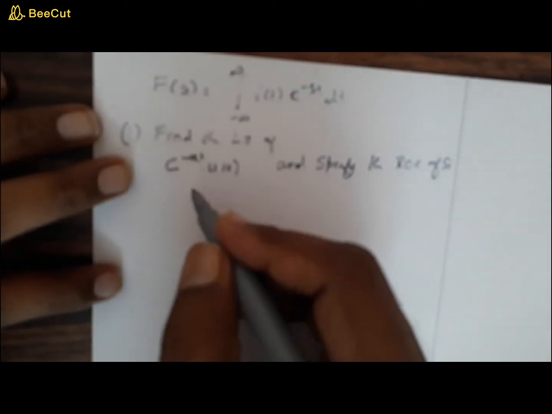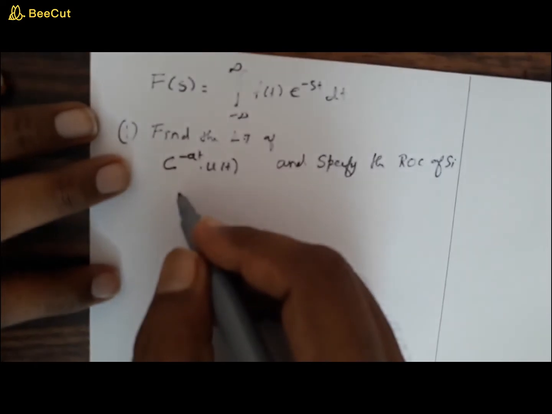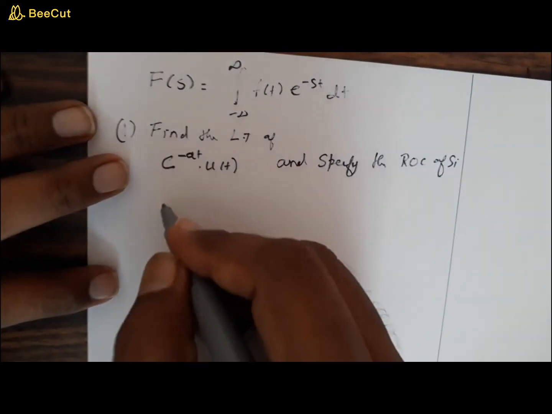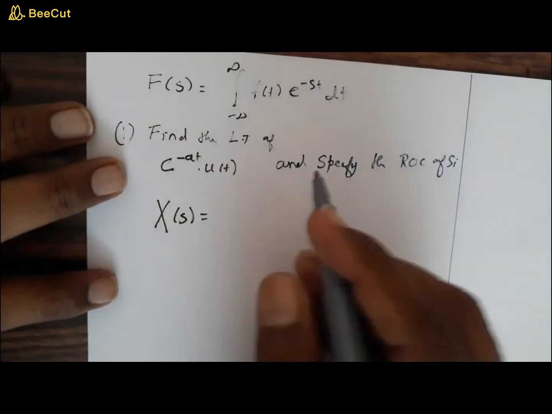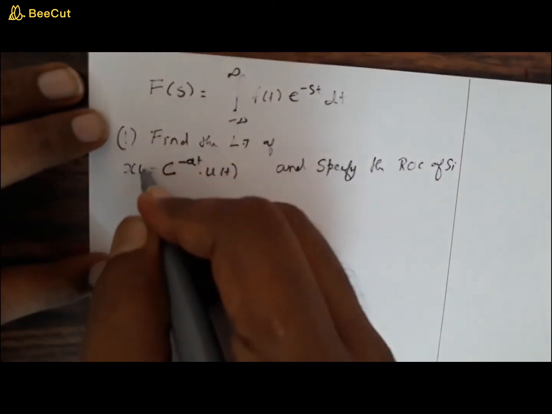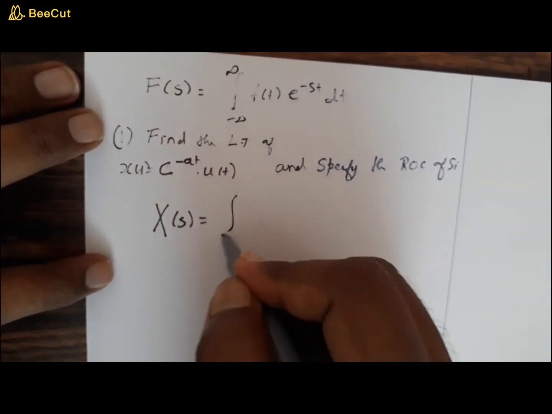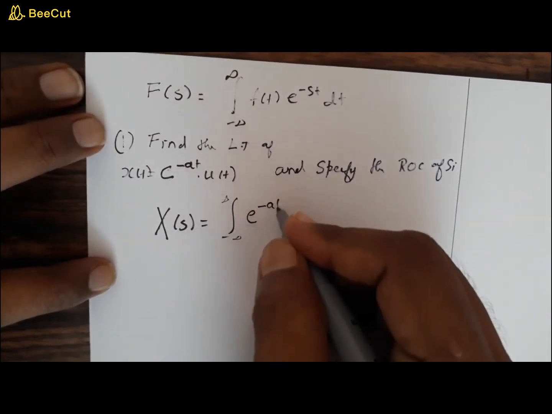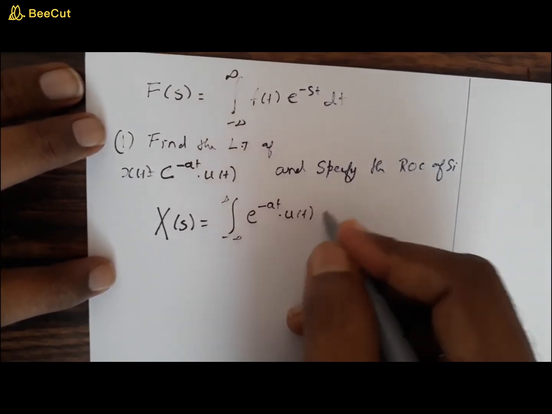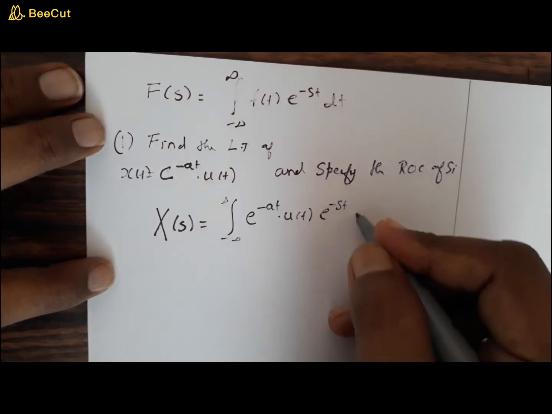We'll start with the simple problem of Laplace transform. Call this x of t. So what is your x of s? X of s is the integral from minus infinity to plus infinity of e raised to minus at into u of t into e raised to minus st dt.